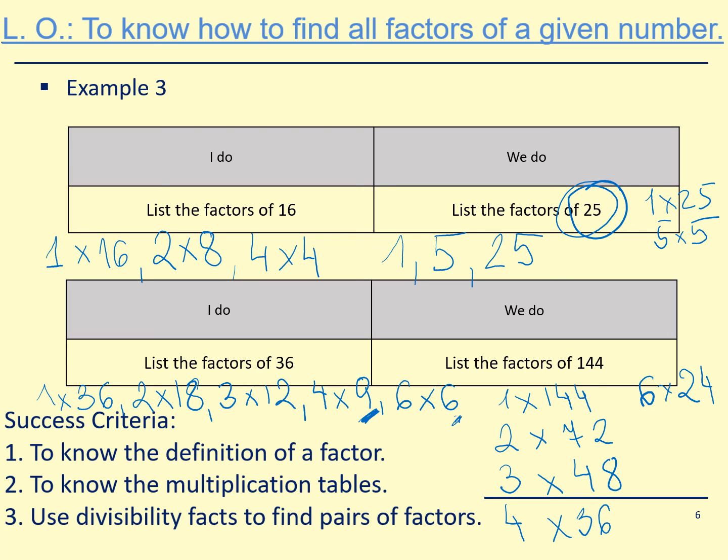Okay. 7, it's not in the 7 times table. 8, if it can be halved and halved and halved again. So half of 144 is 72. Half of 72 is 36. And half of 36 is 18. So yes, it's going to be 8 times 18.